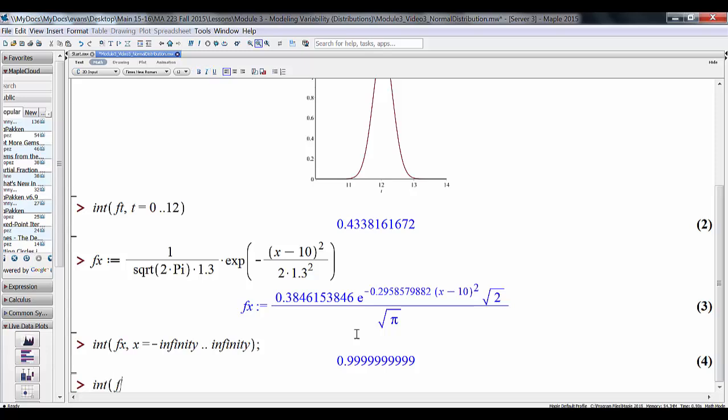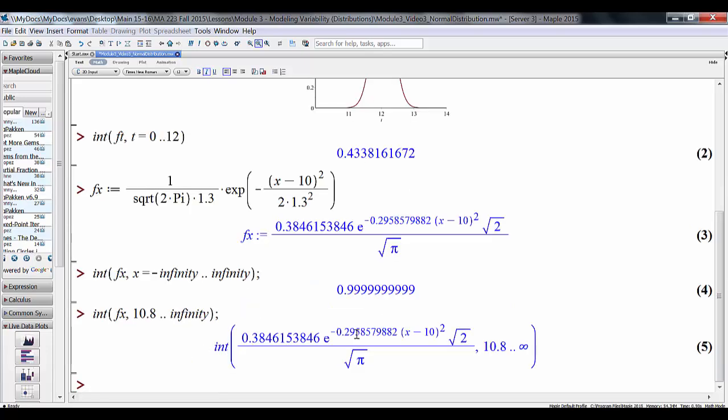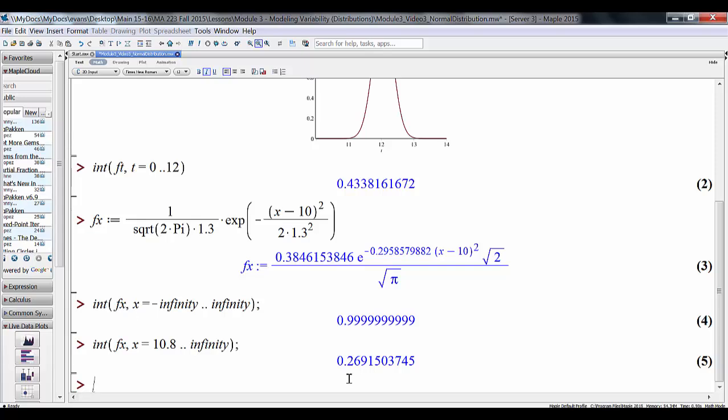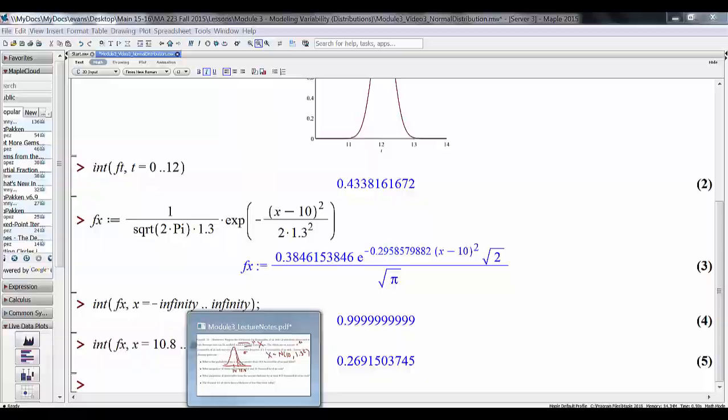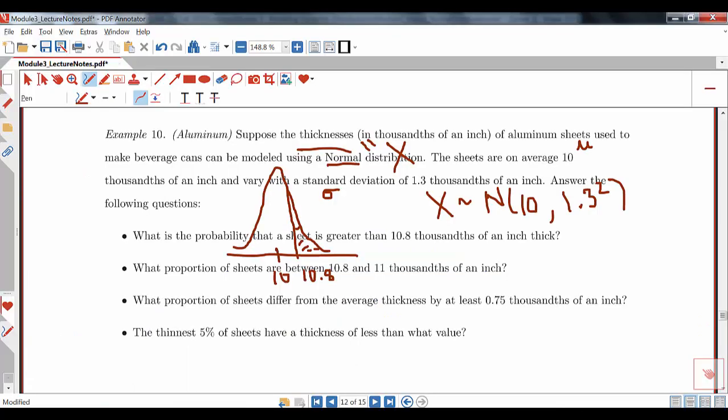We wanted the probability that it was thicker than 10.8. So I put this in and I get a probability. Oh, what do I have wrong? Oh, I forgot my x equals. 0.2692, so we have an answer for that. Next question, what proportion of sheets is between 10.8 and 11?